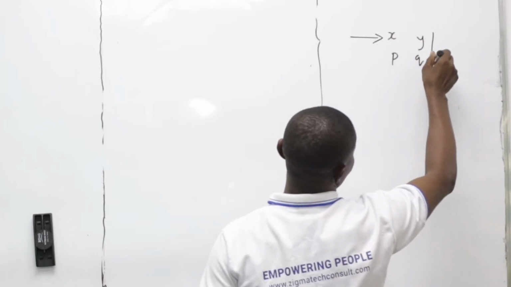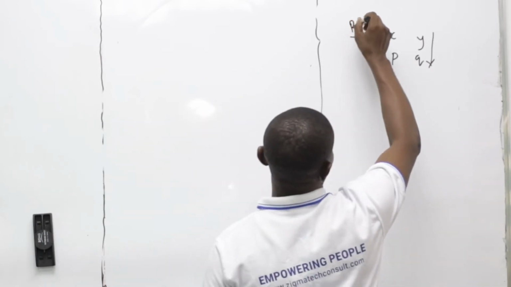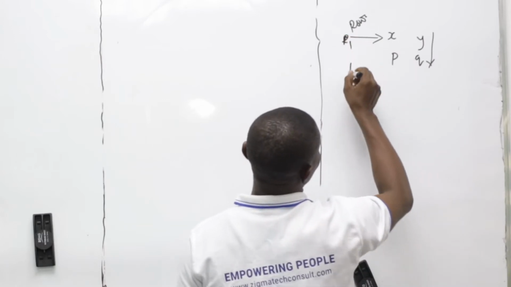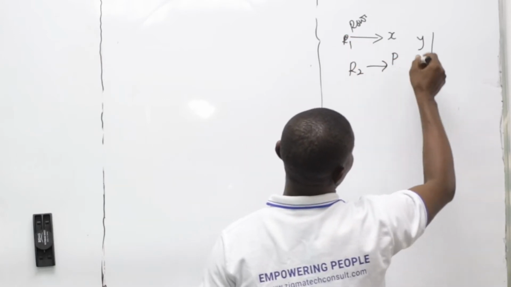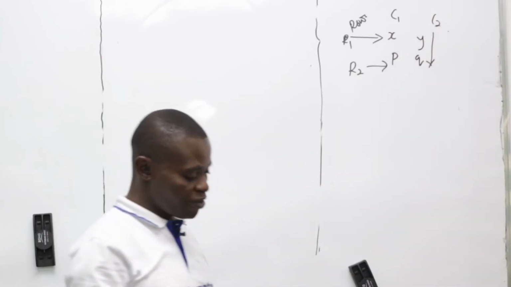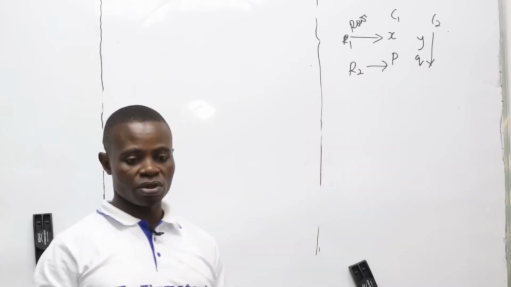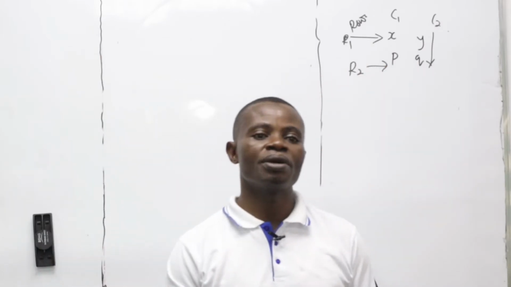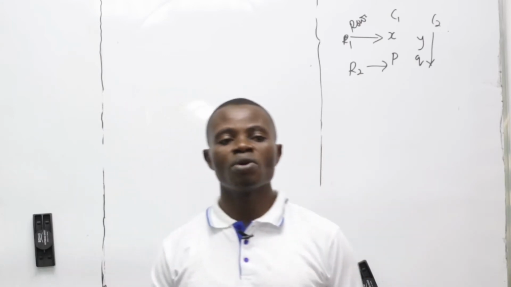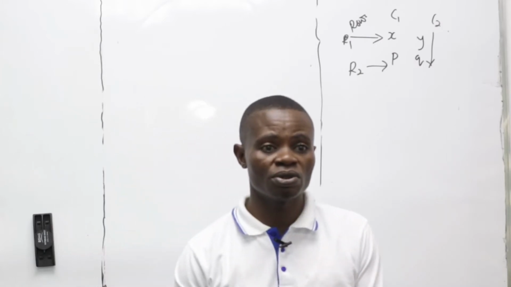This way is the column. Row 1, row 2, column 1, column 2. So when variables are arranged in rows and columns, we call it a matrix.